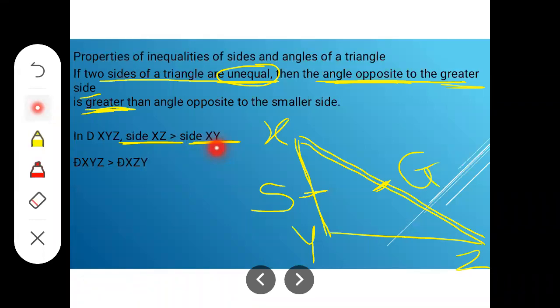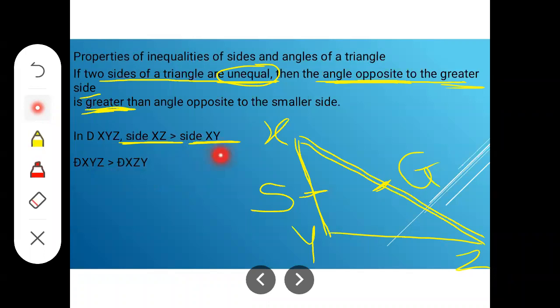So the angle opposite to the greater side is greater. Now, which is the angle opposite to the greater side? This is the greater side, and the angle opposite to it is this one. The angle in front, that is called the opposite angle. The angle in front of this side is the opposite angle. So angle XYZ is greater also. As the side is greater, the angle opposite is also greater. So angle XYZ is greater. See the symbol.